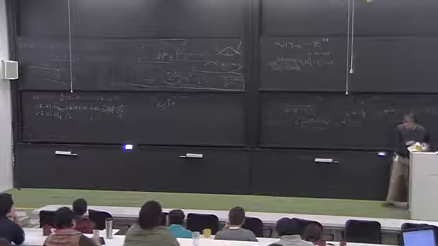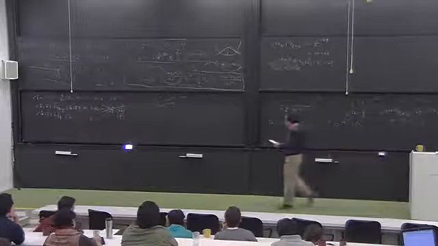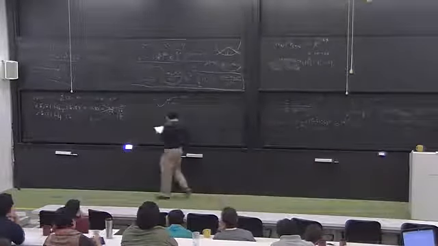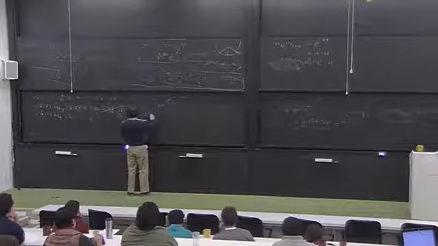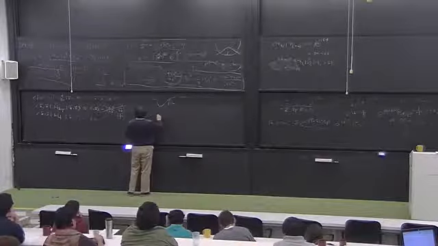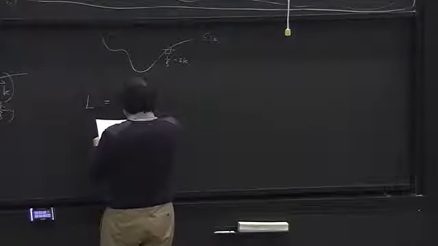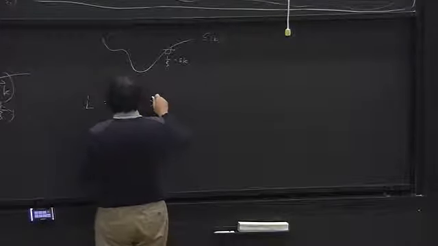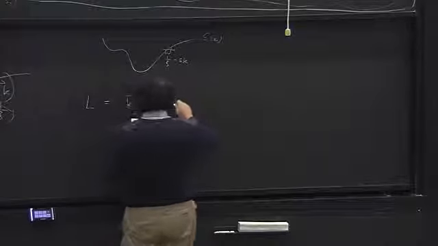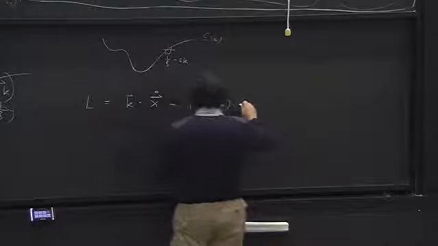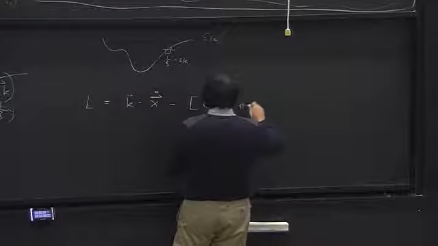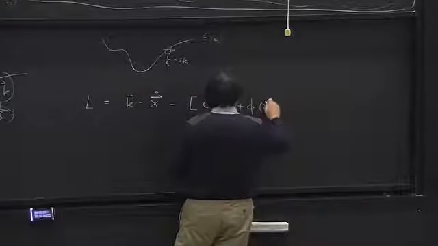So that's it. From here, we immediately see that the phase space Lagrangian, just collecting all those terms, becomes L equal to k plus x dot minus epsilon k and phi x.